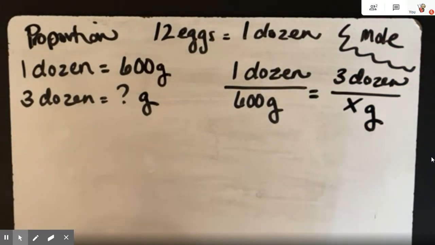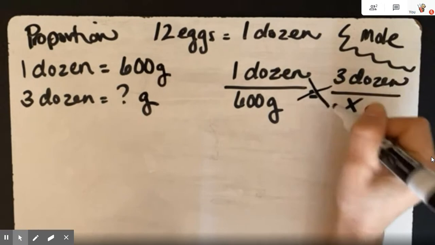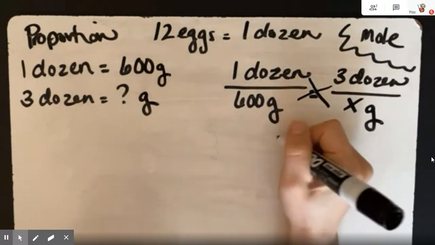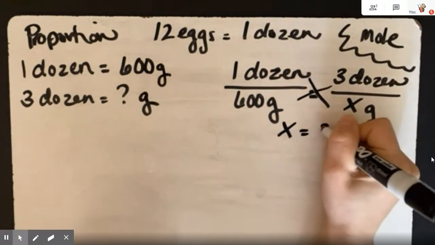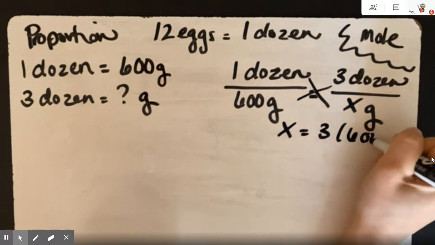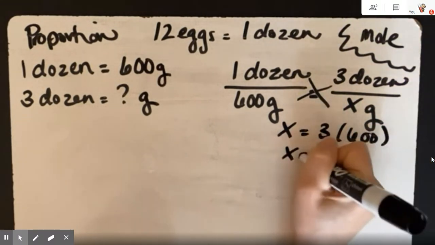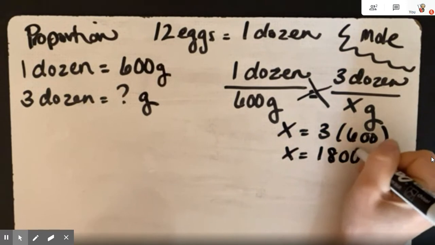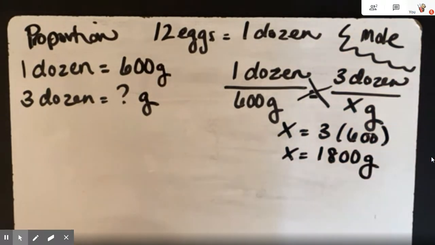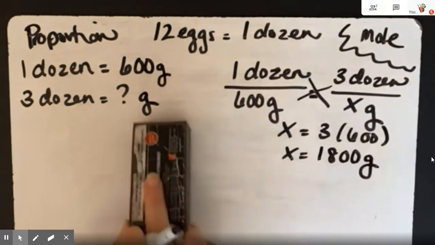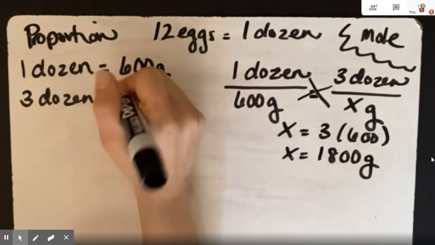And to solve for this, all you would do is solve for x. So you cross multiply. So you'd get x equals 3 times 600. X equals 1,800 grams. Now again, some of you were probably really quick to figure that out because you were able to use the proportion.